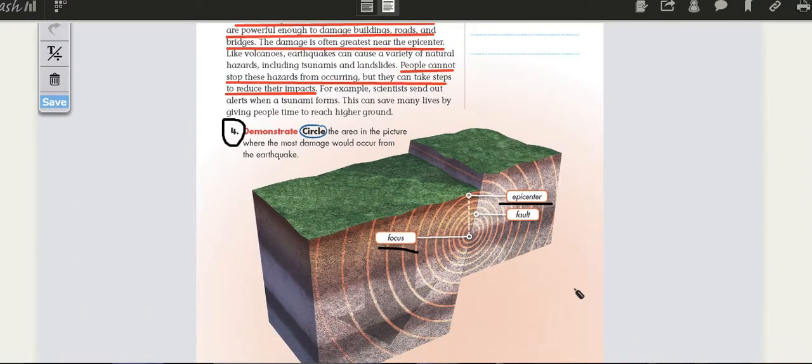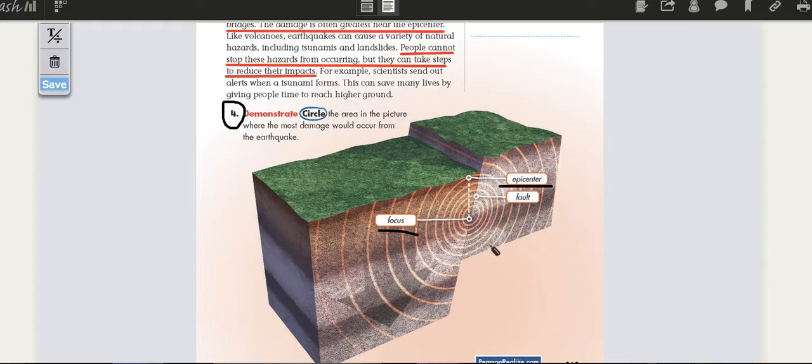We said that the Earth's crust is not one whole piece. It's divided into many pieces. A fault is a crack between any two pieces of the Earth's crust. And when these two pieces shake, or the stress or energy between them is released, this is what causes the earthquake.